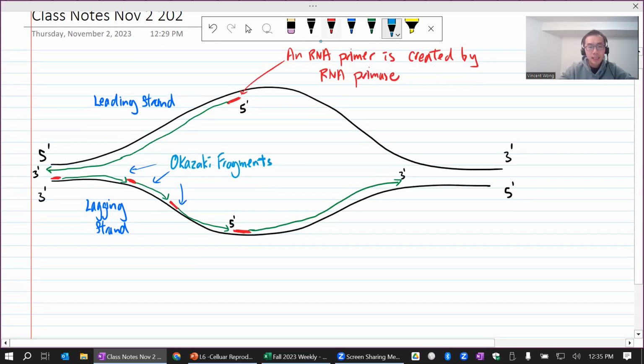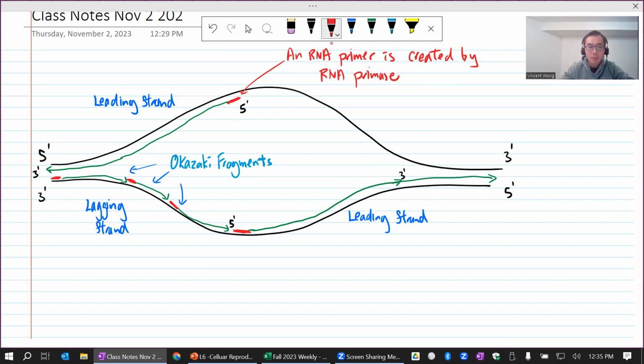Now, interestingly, even though the left side at the bottom is being built in fragments, so it's the lagging strand, if you look at the other side, it actually becomes the leading strand, because now it is being built continuously, and it's just going to keep going until the end.